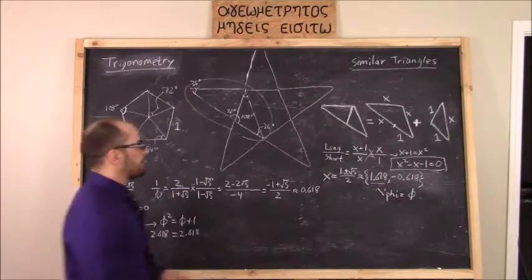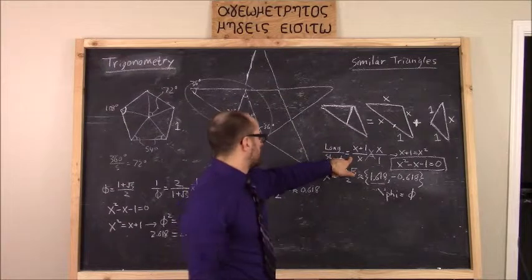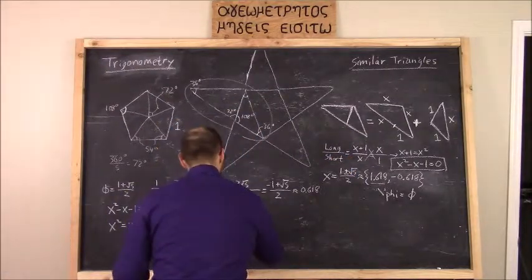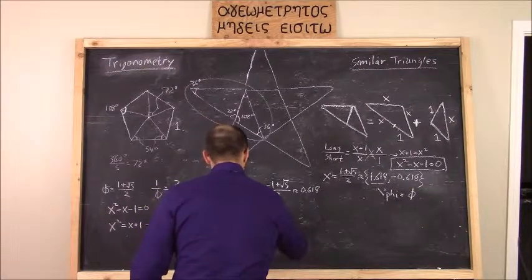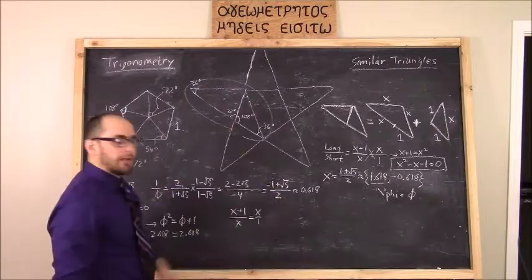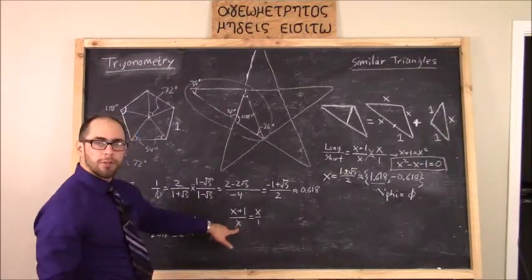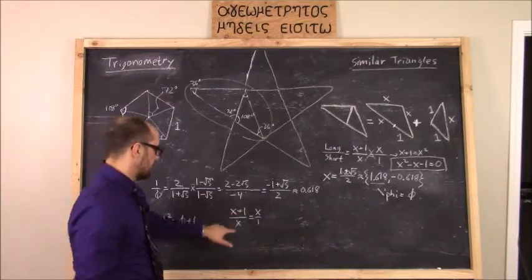Also, if we come back to this guy, (x plus 1) divided by x is equal to x over 1. Now, if I simplify this a little bit, because I only have one term in the denominator, I can divide both terms in the numerator.